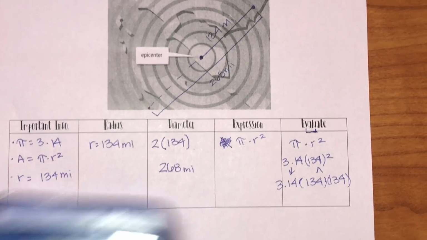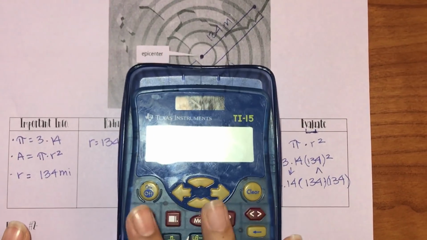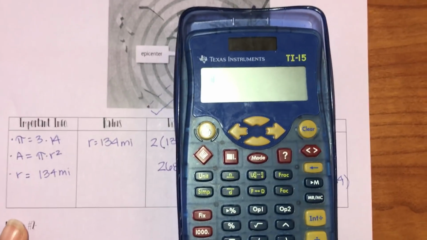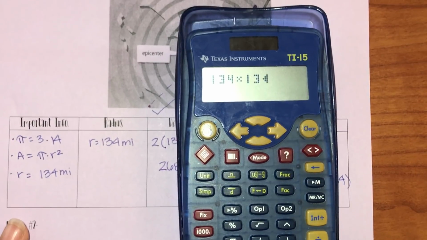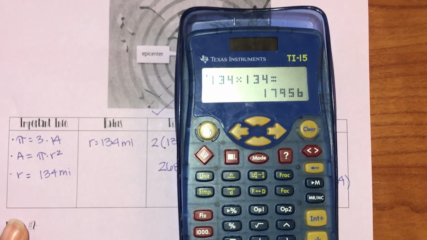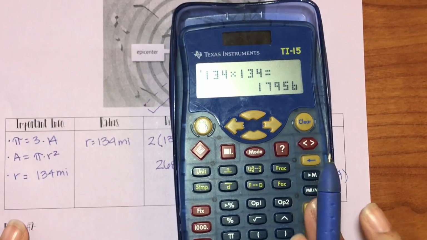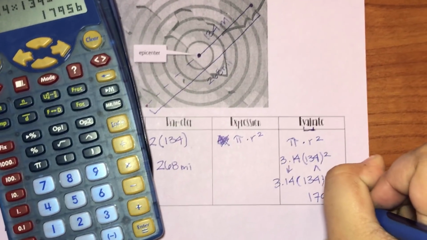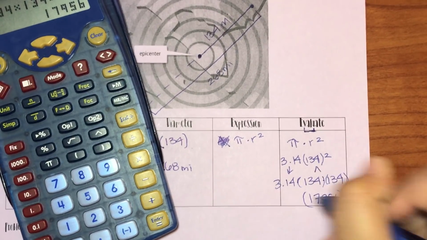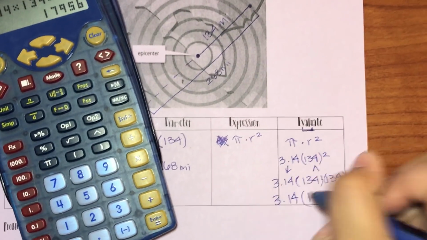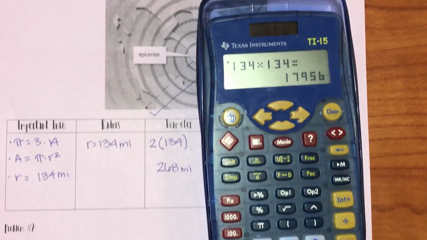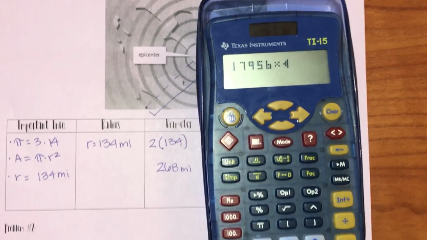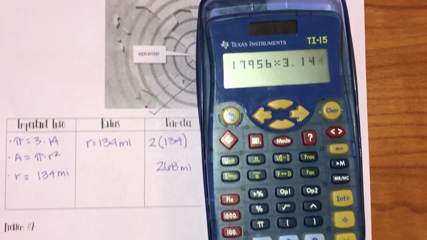Pull out my handy dandy calculator. You work ahead. Tell me what it is. 134 times 134 equals 17,956. And then I'm going to multiply that by 3.14. Since the answer's already there, I just want to take that and multiply it by 3.14.